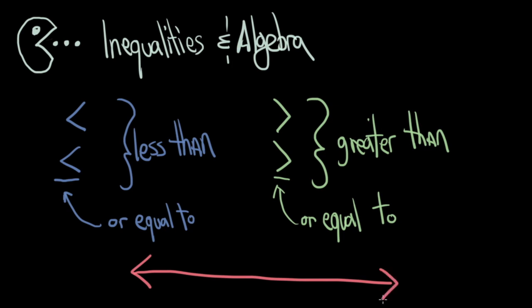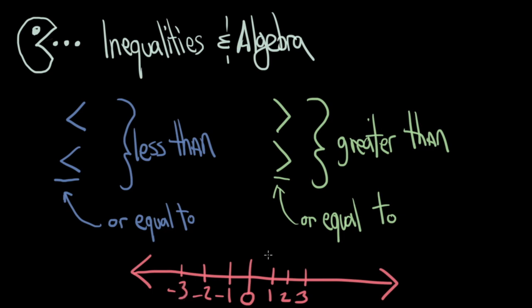So we have a number line. And let's just say this was 0, of course 1, 2, 3. And over here, -1, -2, -3. You should be comfortable with those.